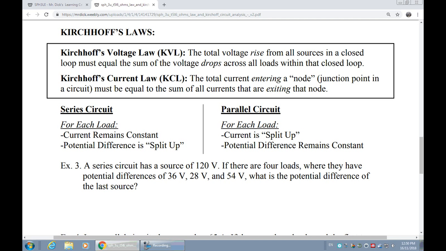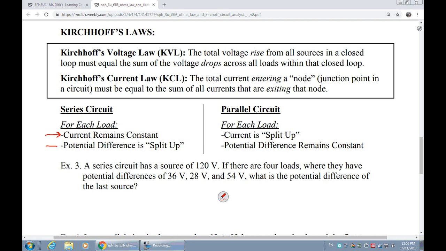There are special things that these laws can tell us about how series circuits and parallel circuits will behave in terms of their loads. For example, it tells us that for each load, the current in a series circuit will remain constant, because a series circuit has only one path for the current to follow. So whatever current value we start with, that same amount of current will travel through the entire circuit.